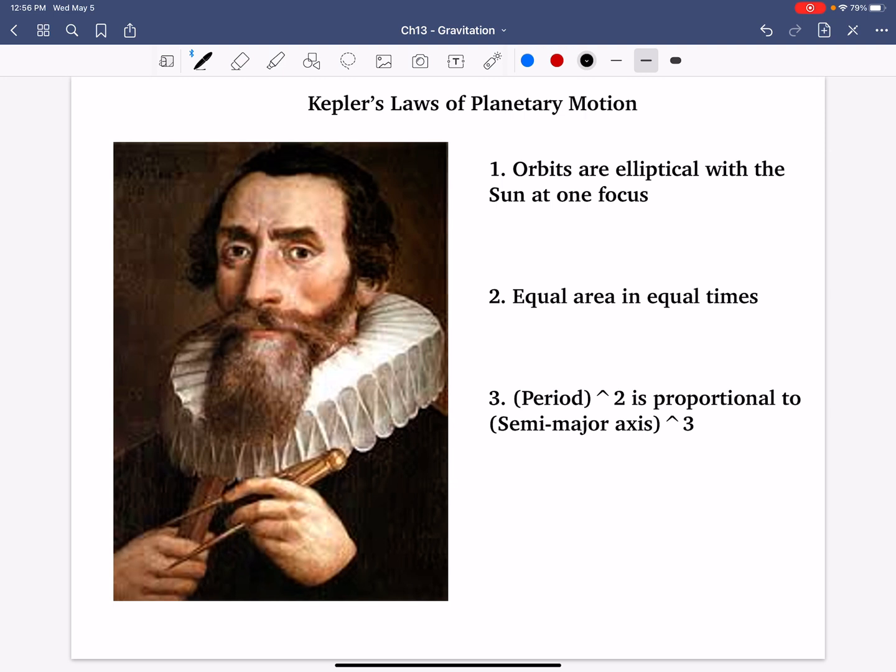Tycho had incredible eyesight, so he could track and record the movements night after night of these celestial objects, specifically planets. Kepler used that data to record the movement of Mars over time, in fact over several years.